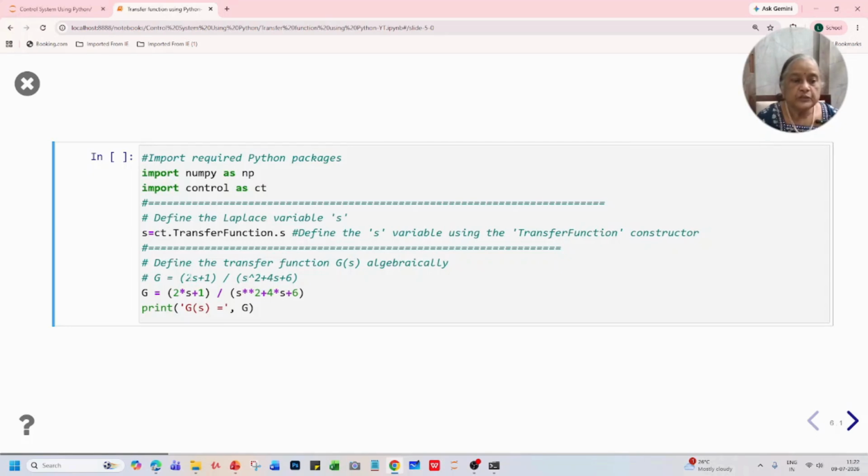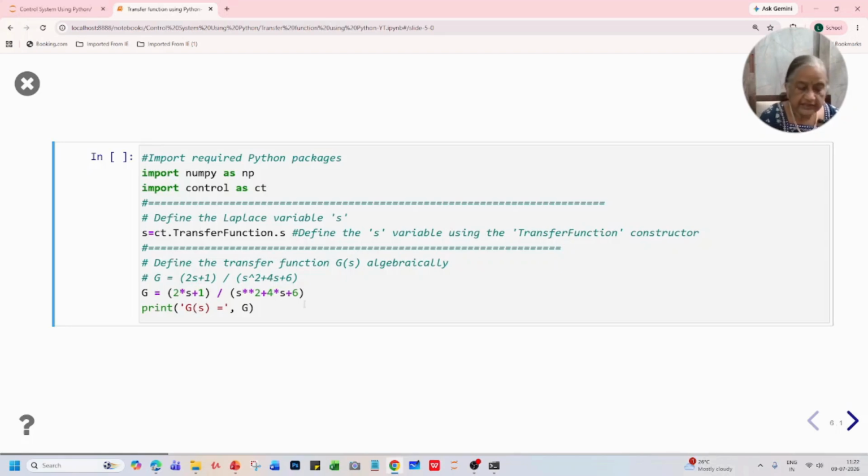So 2s in the numerator is written as 2 * s, that multiplication sign is represented by a single star, and in the denominator s squared, s raised to the power 2, is represented by s**2, that raising is done by the double star here. Then 4 * s, again a single star to represent multiplication. Once we pass the numerator and denominator polynomials in this form, we ask it to print it.